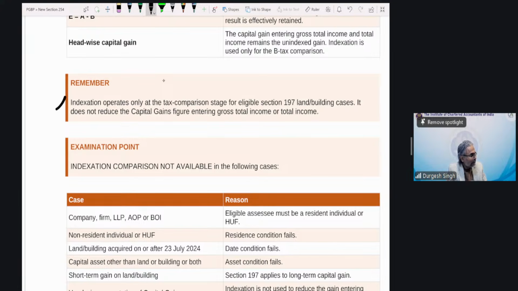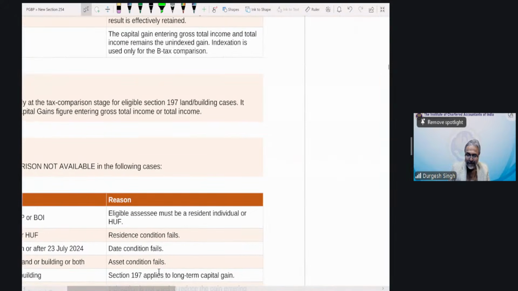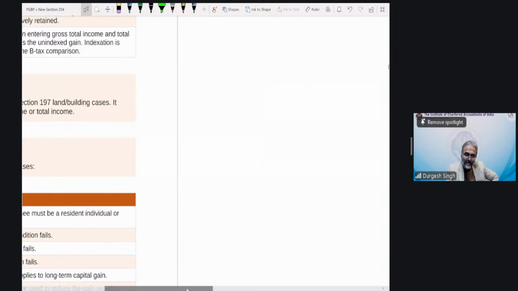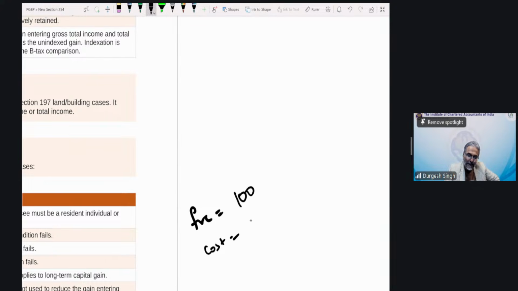No, sir, not clear. Can you repeat once again, sir? Yeah, I'll just give an example directly then. In this case, just pay attention here. Supposing the full value of consideration is say 100, cost is say 30.